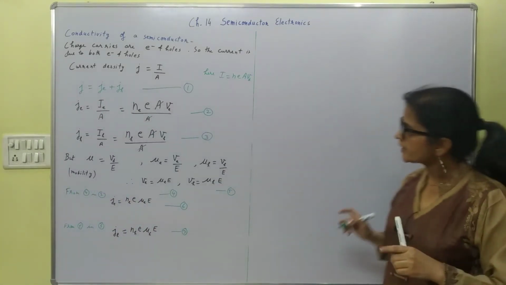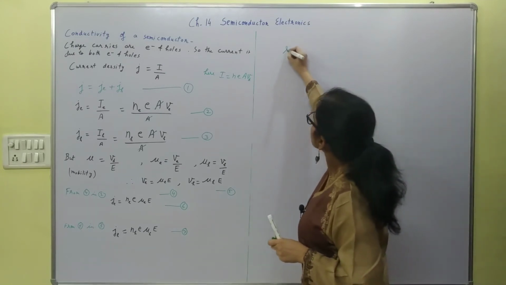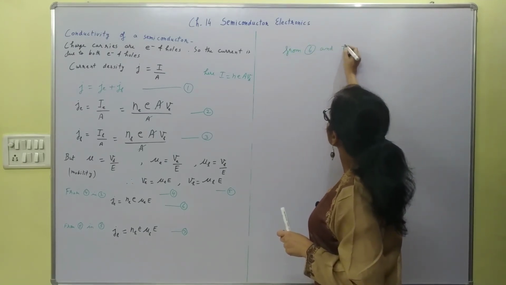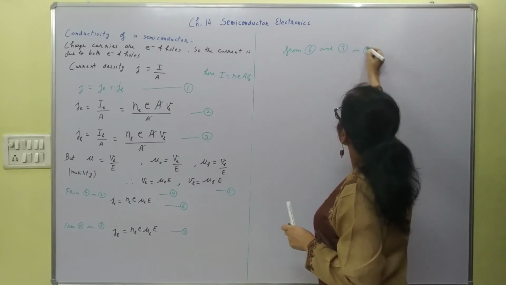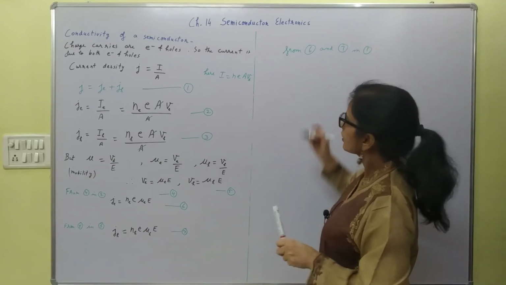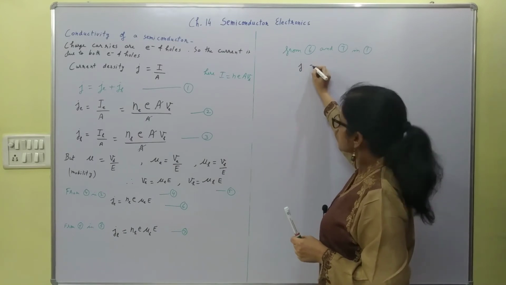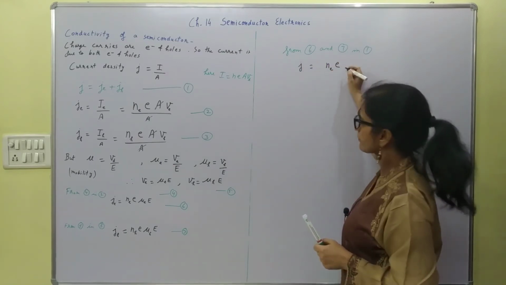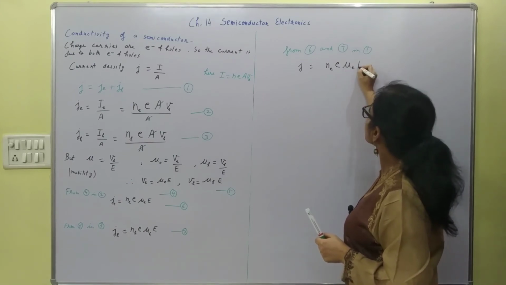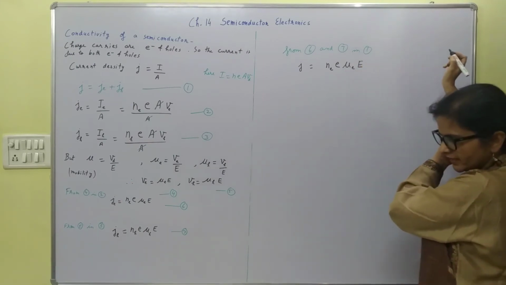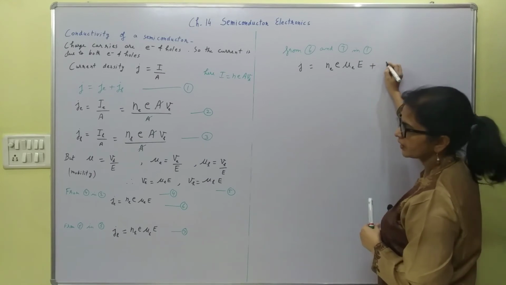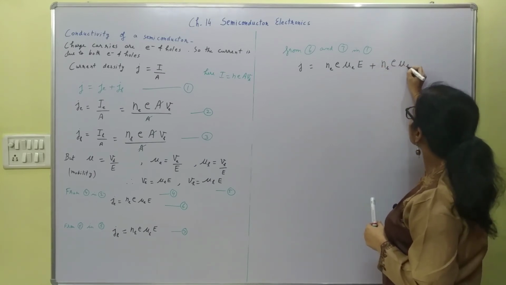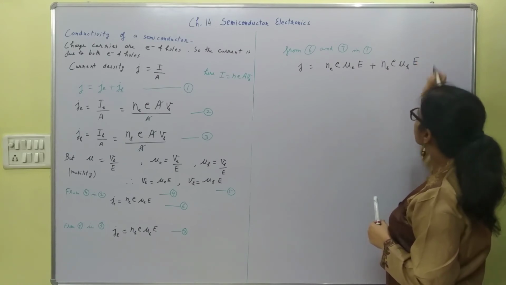So from 6 and 7 in 1, what will I get? J is equal to Ne e mu e into electric field, right? Plus Nh e mu h into electric field.